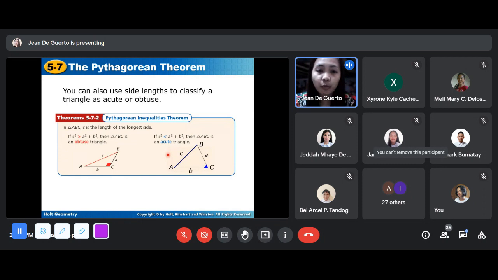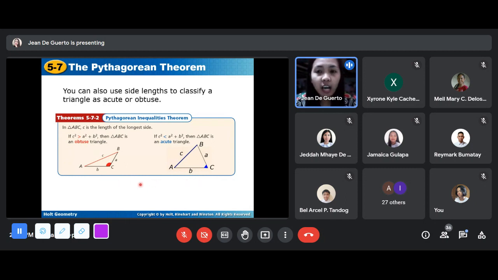Also, if c square is less than a square plus b square, then yung angle C natin from 90 degrees, magiging less na siya. Magdi-decrease. Okay, magdi-decrease yung angle C natin from 90, it will become less than 90 degrees. So, anong theorem ang magso-support dito sa dalawang to?